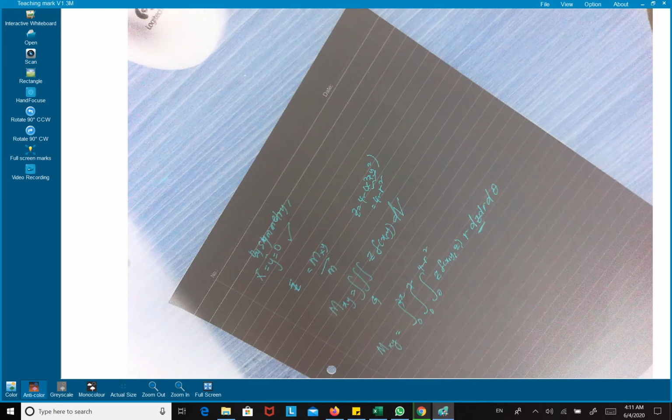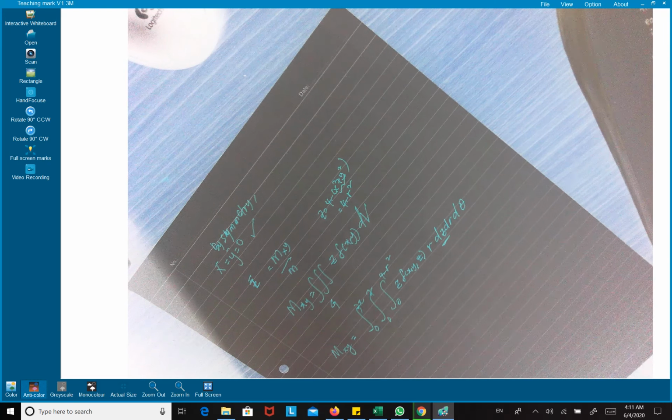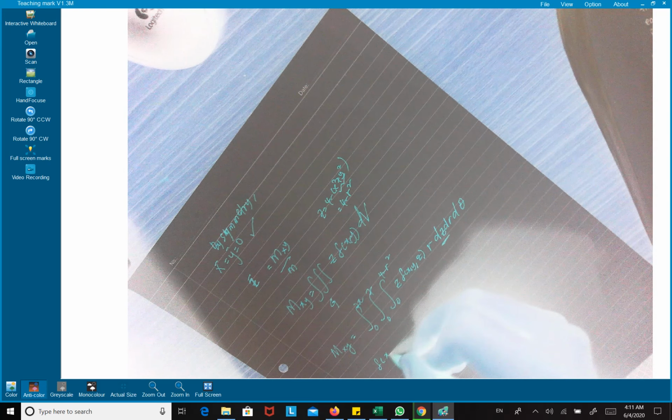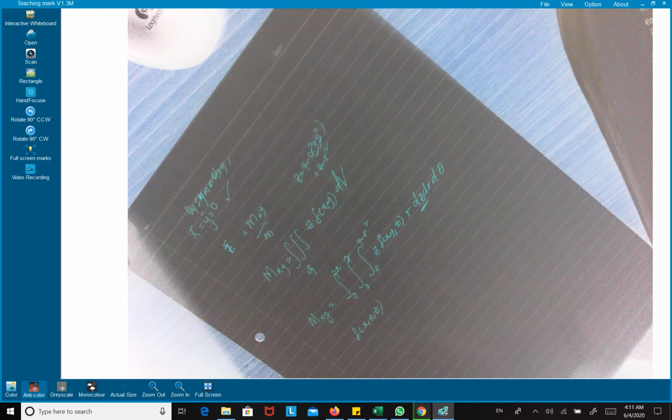Okay, so since your density is a constant, we can put it outside of the integral.